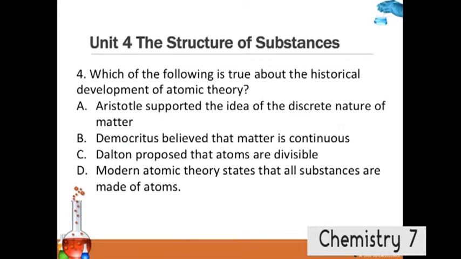Which of the following is true about the historical development of atomic theory? Aristotle supported the idea of the discrete nature of matter. Democritus believed that matter is continuous. Dalton proposed that atoms are divisible. Modern atomic theory states that all substances are made of atoms.